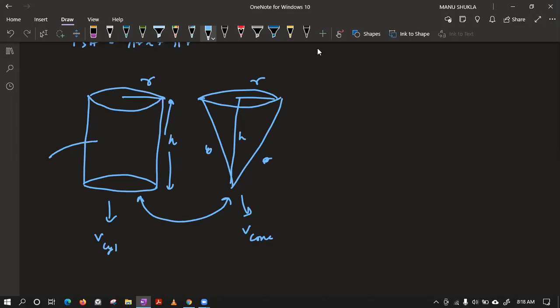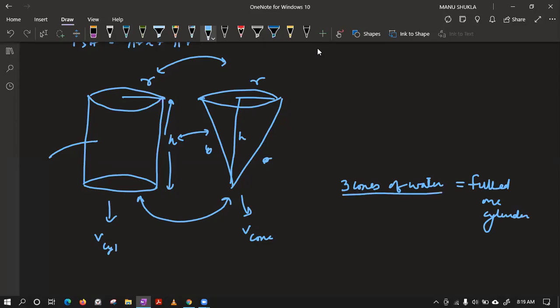When we have the same radius of cylinder and cone and the same height, it was found that three cones of water, suppose, filled one cylinder. It was found in the experiment that if you have a cone and a cylinder of the same radius and same height, three cones of a particular quantity, milk, whatever you want to take, fill one cylinder.